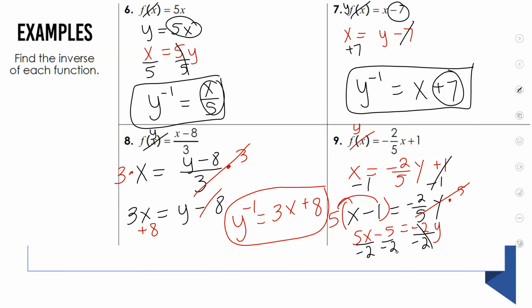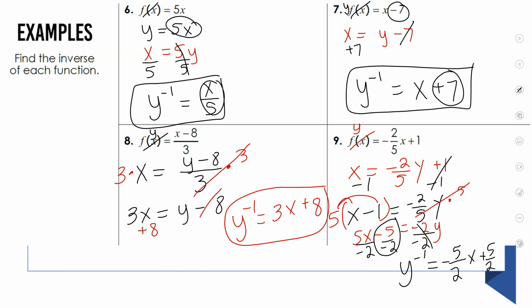So my answer is, the inverse is -5/2x, and this negative and negative right here will be a positive 5/2. That is how we solve it algebraically.